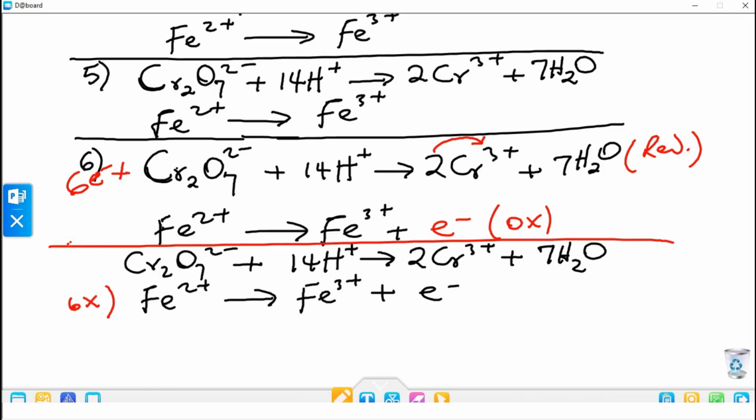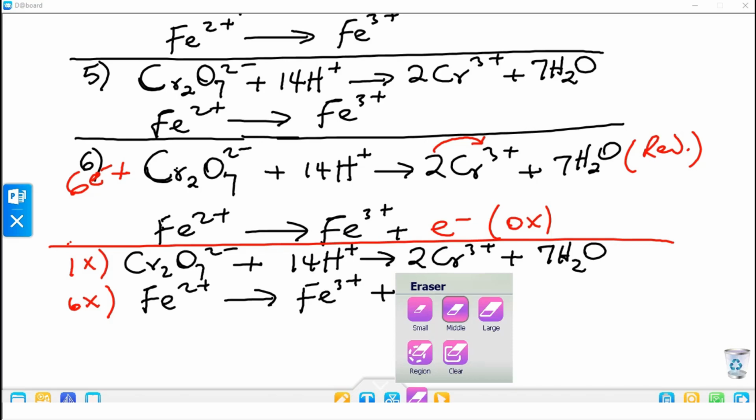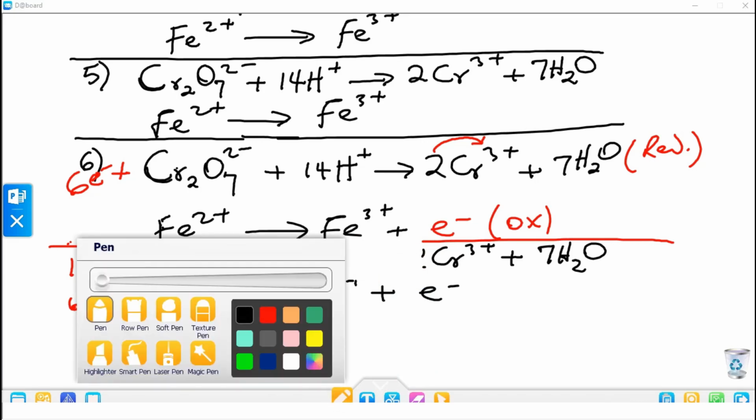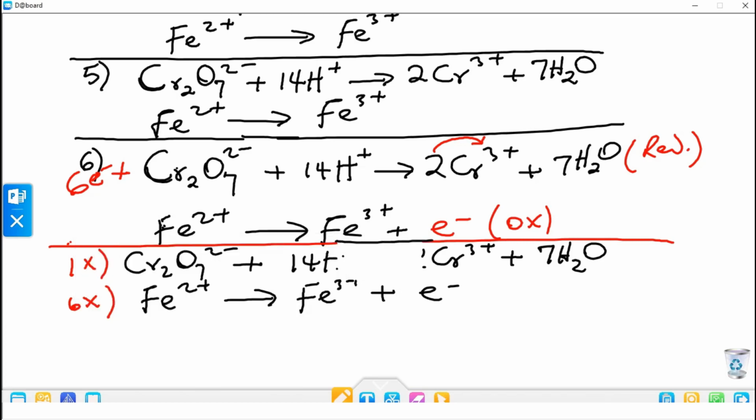We have this 1 times. What we need to do is, we omitted the 6 electrons we added for the reduction half cell. So we're just going to repeat that so that we have it correct. This is hydrogen plus. So let's carefully take this away and add our 6 electrons.